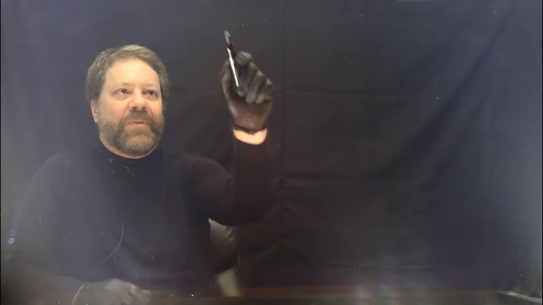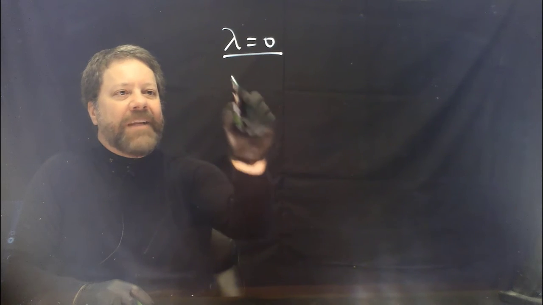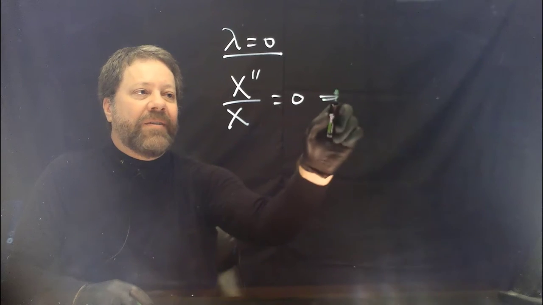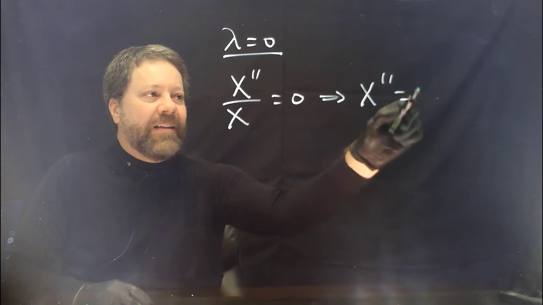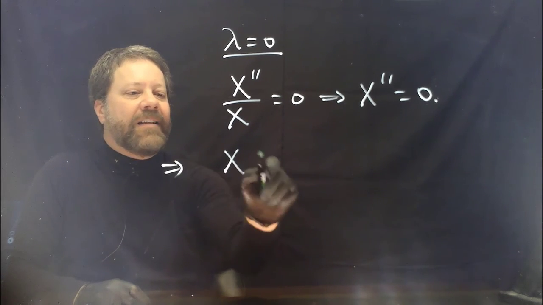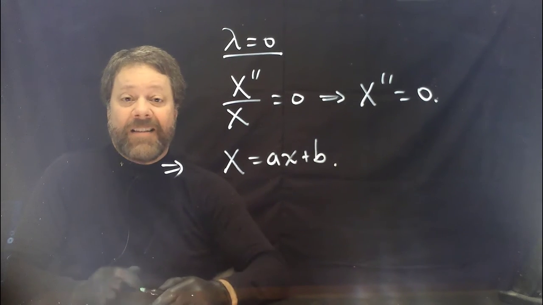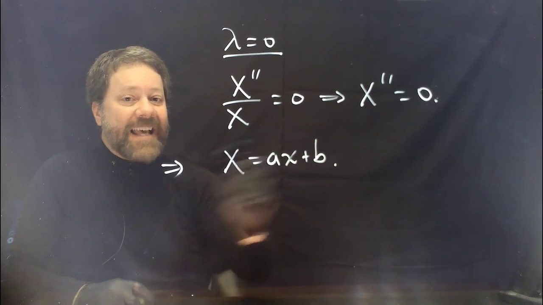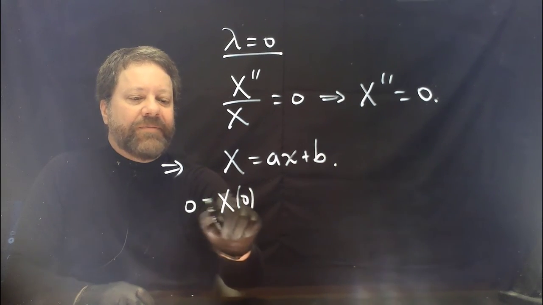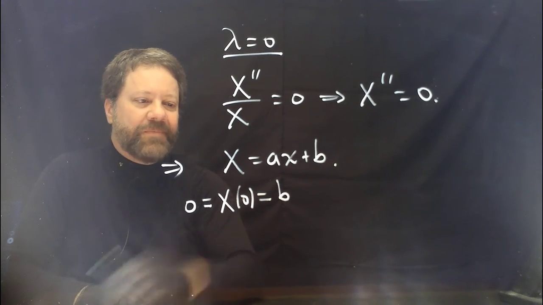Let's look at the case when lambda equals 0 next. If lambda equals 0, then X double prime over X equals 0, which implies that X double prime is 0. That implies that X is of the form ax plus b. It's linear. Now, it has to satisfy the boundary conditions. So X of 0 has to be 0, which means b is 0.